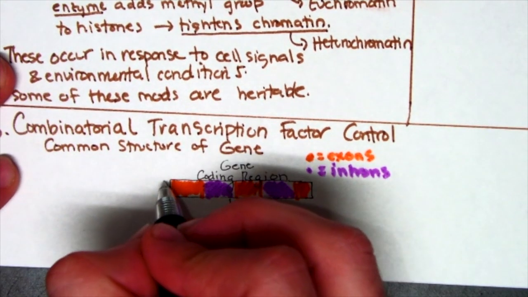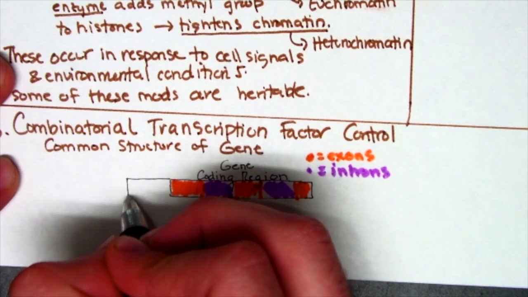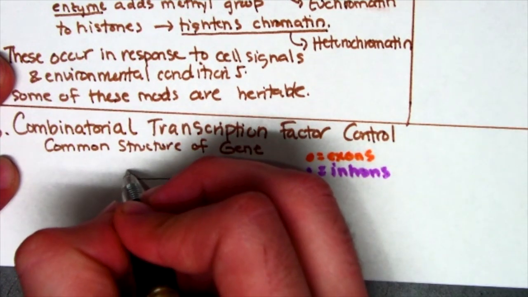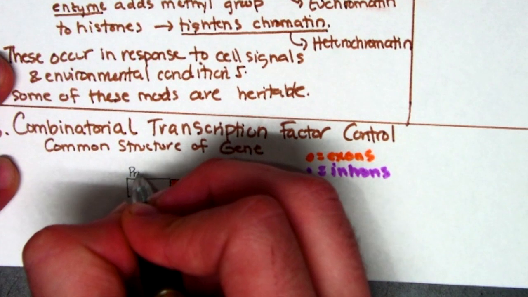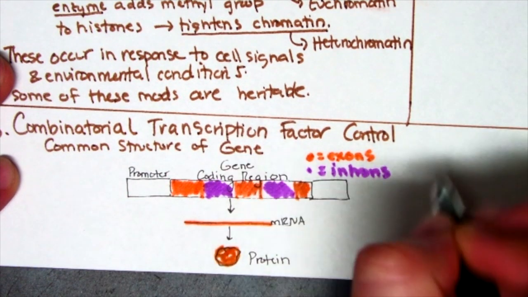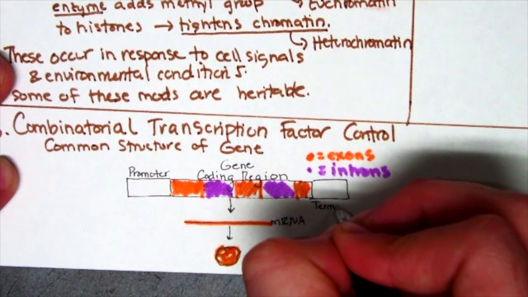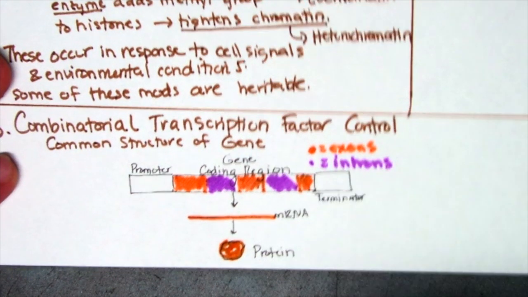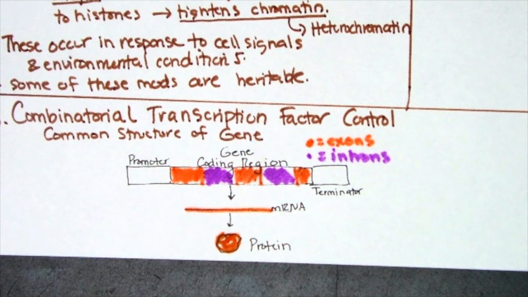And then just like in prokaryotes, we have a promoter and a terminator, where the RNA polymerase attaches and detaches.